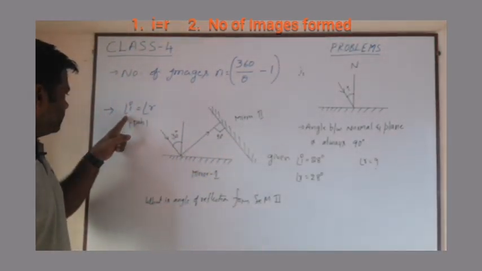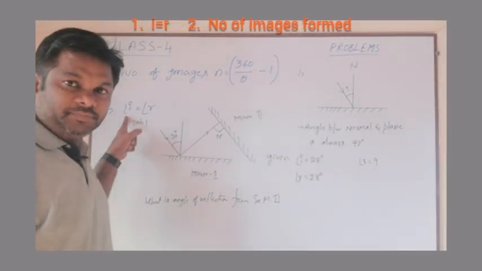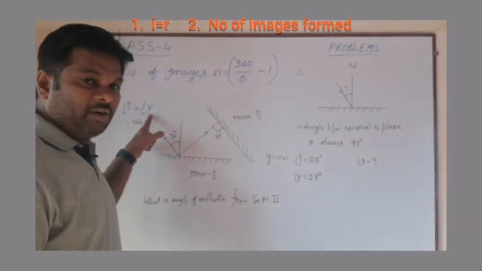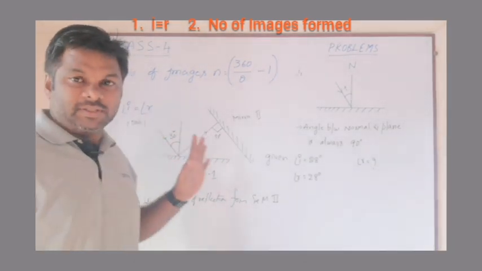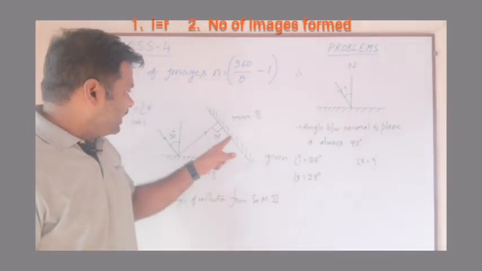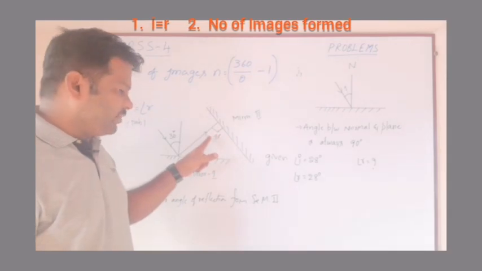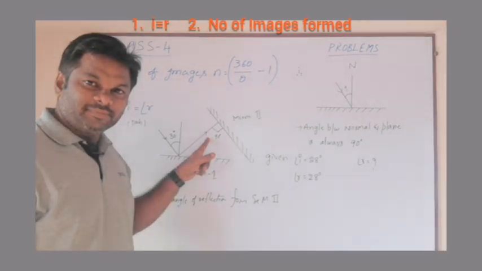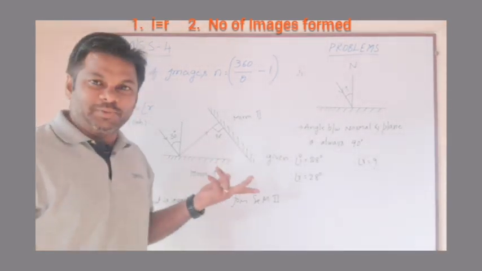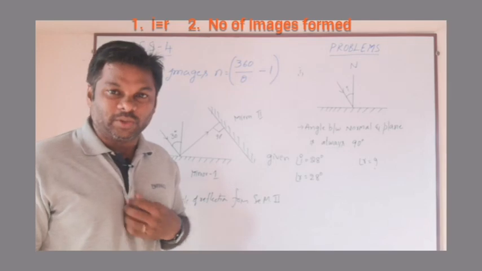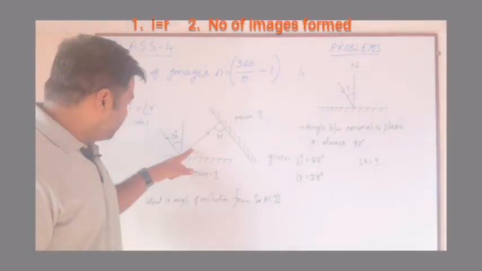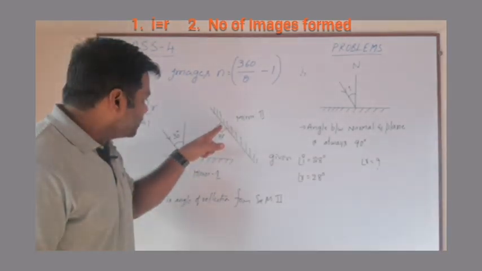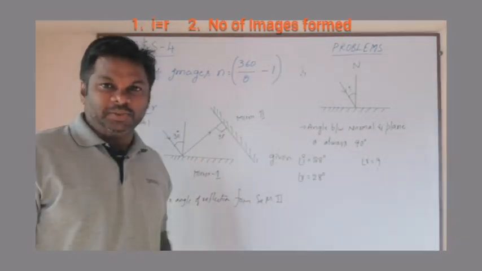According to our first law of reflection, the angle of incidence always equals the angle of reflection. At mirror 2, what is the angle of incidence? Here there is no normal to measure the angle of incidence, because the reflected ray from the first mirror is along the normal of mirror 2.